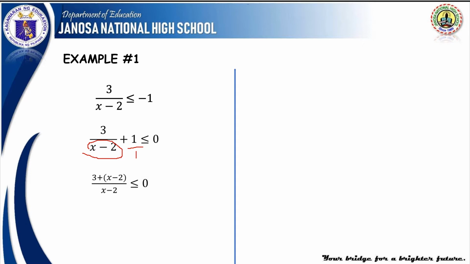Then that would be 3 plus x minus 2 all over x minus 2 is less than or equal to 0. By simplifying, we will get x plus 1 over x minus 2 is less than or equal to 0.